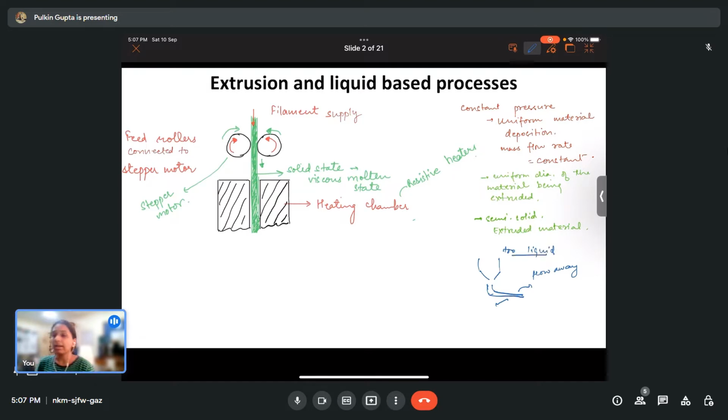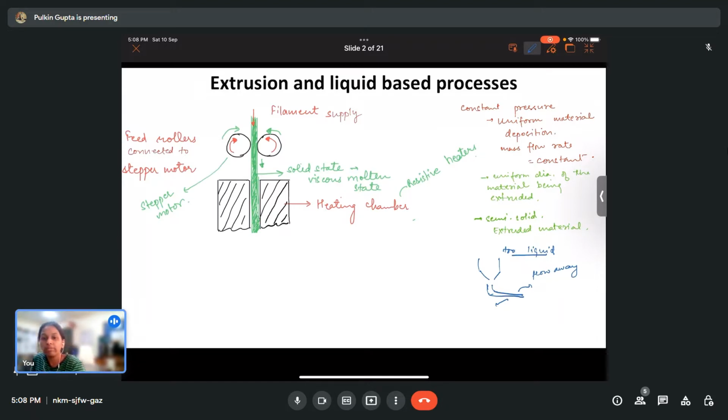And if it is too solid, it will be really difficult to move your extruder head and deposit the material uniformly on the substrate. So it needs to be in the middle, so that it doesn't flow and lose its structural integrity, and isn't so solid that it is difficult to move your extruder head. Then it should solidify in the ambient atmospheric conditions so that it retains its structure.